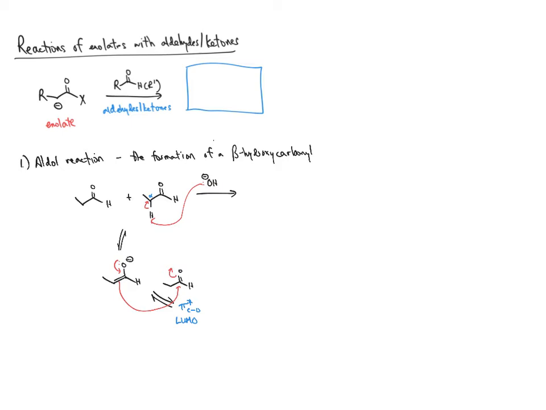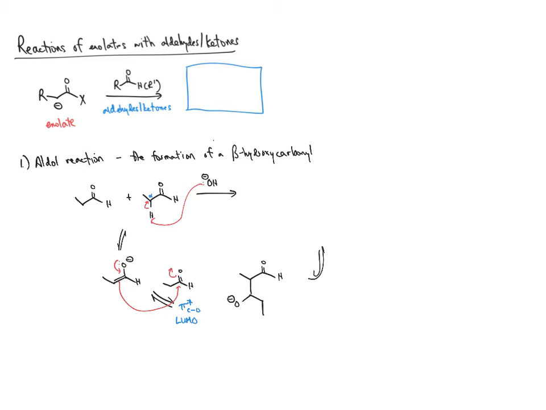And so the bonds that form here are going to be a new carbon-carbon bond between the enolate carbon and the formerly aldehyde carbon. And so we get an intermediate that looks like this. Right? So we get a negative charge on what was formerly the aldehyde carbon.